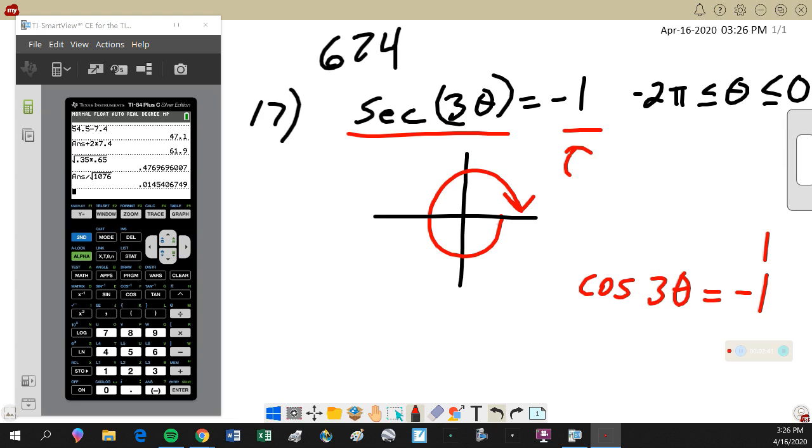So I'm going to solve for the cosine because it's easier for me to think about. Okay, so my domain has to be inside that window.